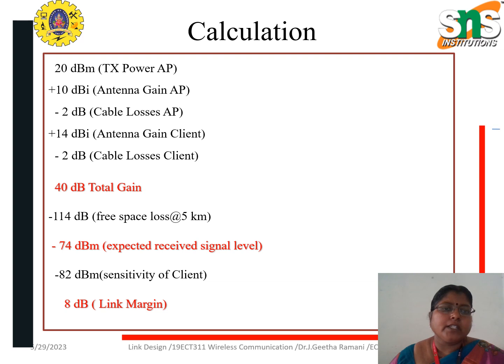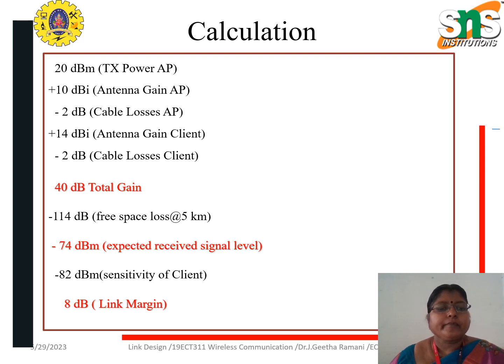So by adding all these values we get a 40 dB total gain at your receiver. But we have a free space loss at 5 kilometers of minus 114 dB, isn't it? So the expected received signal level is 40 minus 114, which is equivalent to minus 74 dBm.